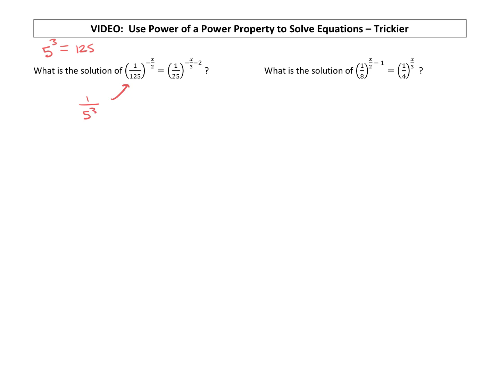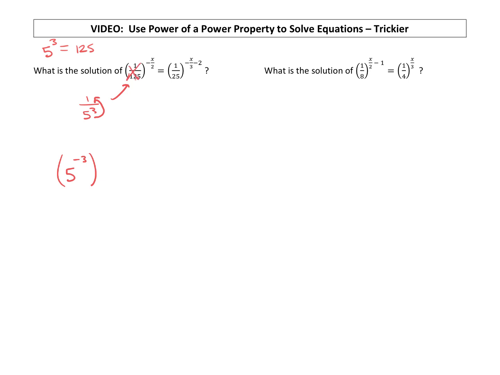Well, I don't really want to work with that fraction, so I'm going to move that 5 to the third power to the numerator. That movement will change the sign of your exponent. This is part of our negative exponent properties. So that's going to be 5 to the negative 3 power. That is the same thing as 1 over 125. So I replaced the 1 over 125 with 5 to the negative 3 power.